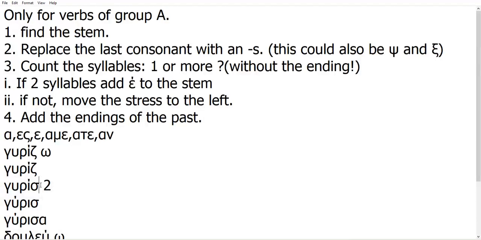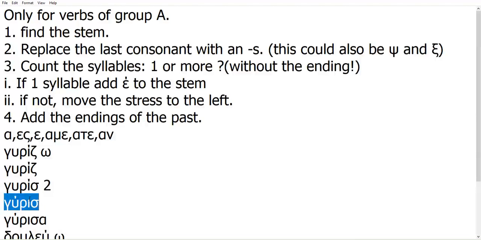Now, sorry, I wrote this badly: if I have just one syllable, add an E to the stem, at the beginning of the stem. If not, and this is what we have now, we have more than one syllable, I move the stress to the left, and this is what I did here, right?